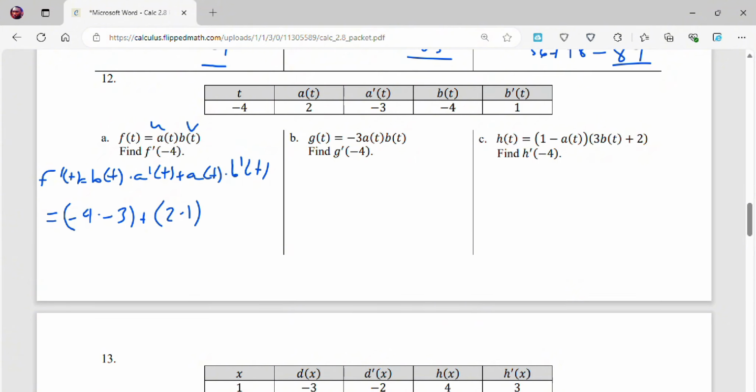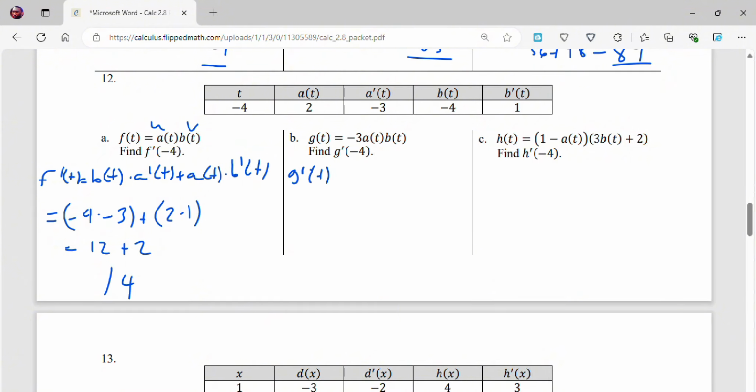So okay, there you go. Equals 12 plus 2, and we get 14. Okay, next one we have g of t equals -3 a of t b of t.